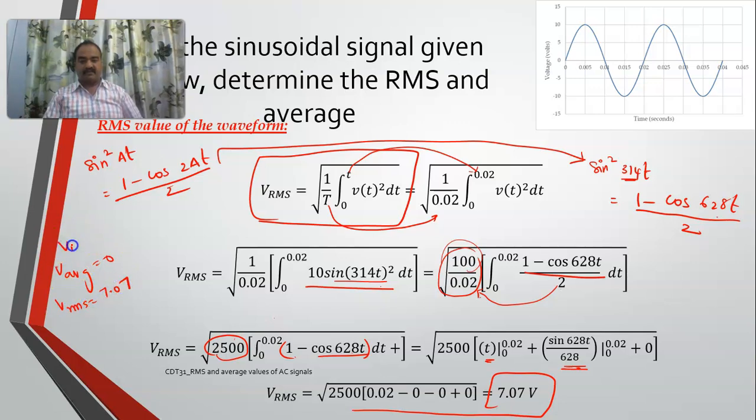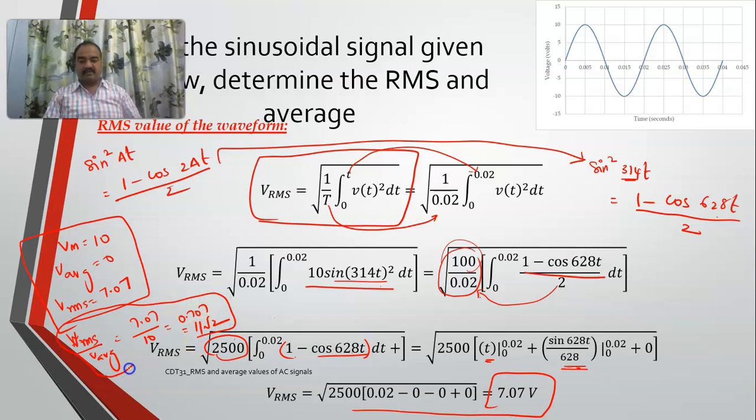And what is the peak value? The peak value is 10, isn't it? So if you carefully see, what is the ratio of V RMS to V maximum? It is 7.07 by 10, which is approximately 0.707. I can write it as 1 by root 2. Try to remember this one.